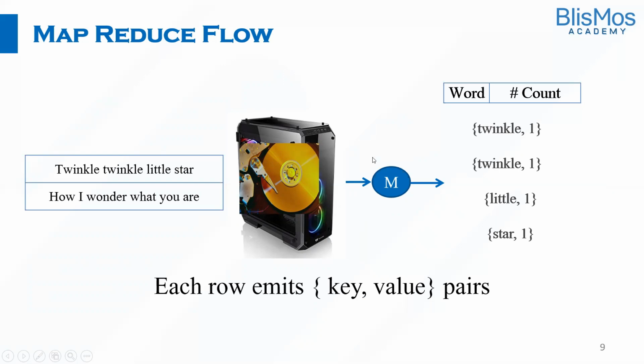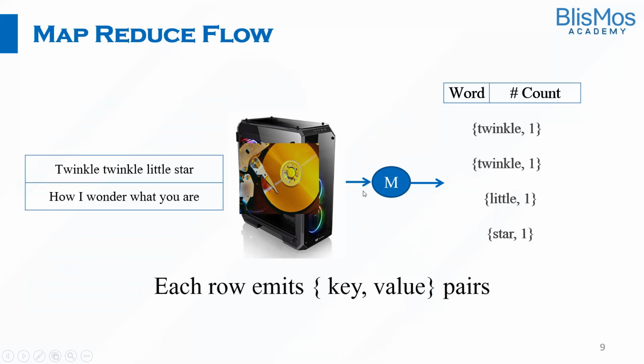We have a partition of the file stored in one of the nodes in a cluster, as we discussed, one of the data nodes. Then the mapper emits key value pairs. For example, we have the data "twinkle twinkle little star, how I wonder what you are" present in this system.